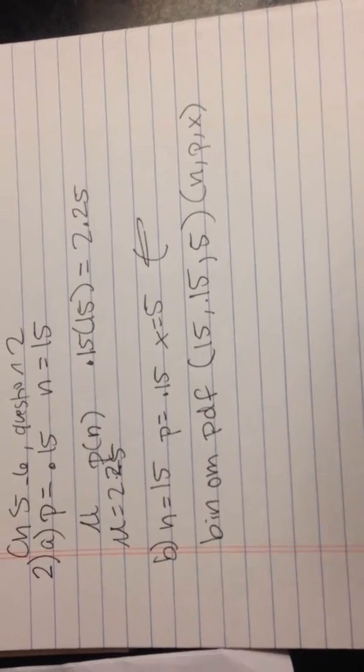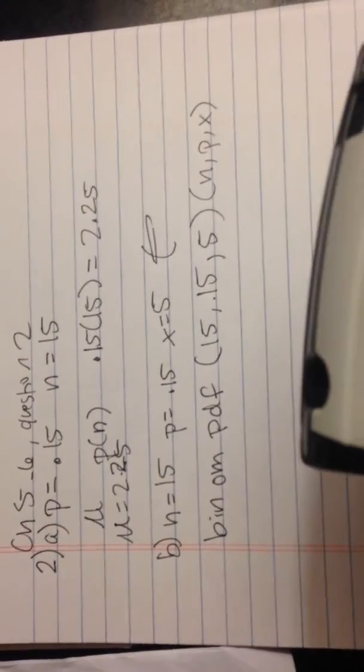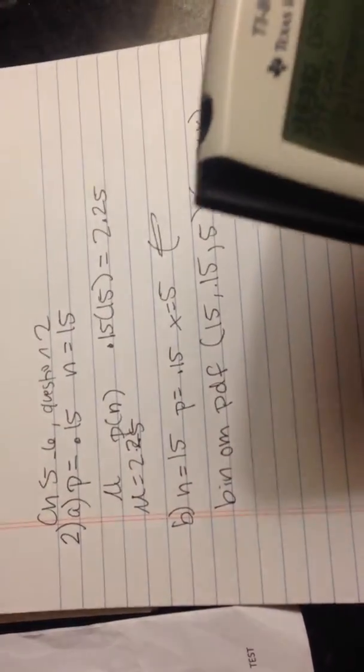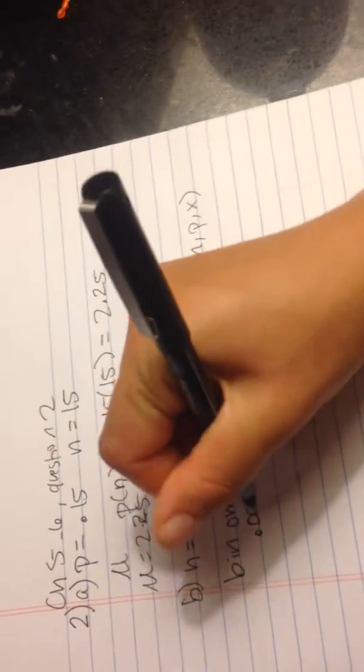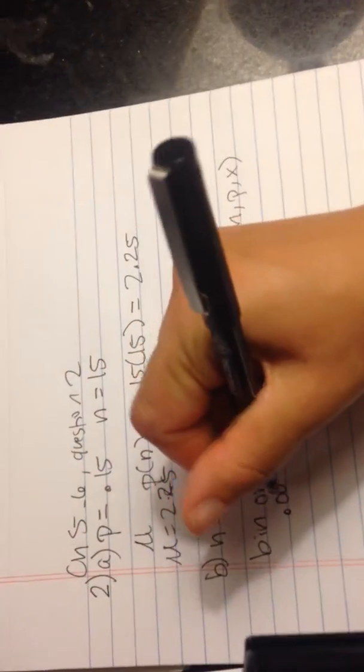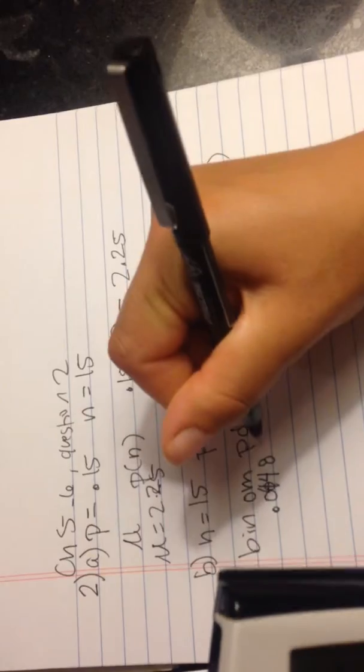And so I look for that in the calculator, which you can't see very well. But if I put in 15, comma, 0.15, comma, 5, I end up with a number which is 0.04489.